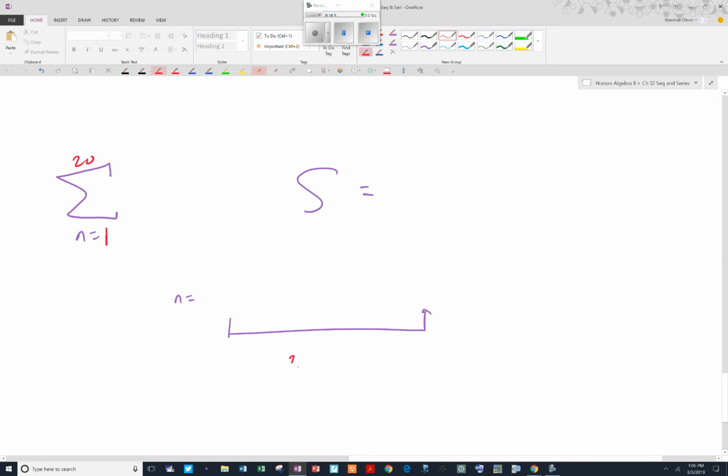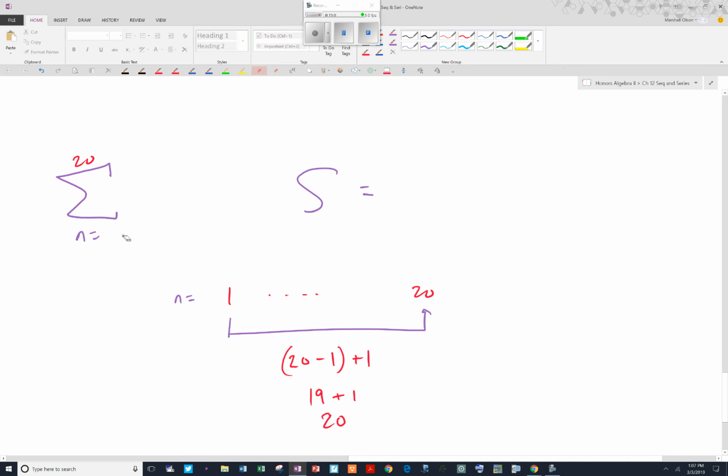But using that formula, if I do 20 minus 1, that says 19. We know there's not 19 things, there are 20 things. So what we need to do is add 1, because when we take 20 minus 1, it gets rid of that last value. So we need to add 1 to realize that there's 20 things.